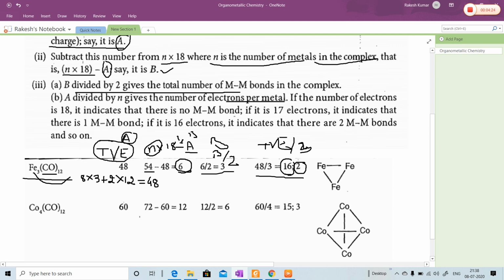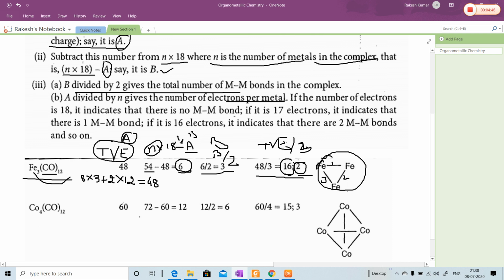It means there are 3 metal-metal bonds in the particular complex. So this is the basic geometry of this Fe3CO12. So there are 3 metal-metal bonds. First one is between these 2 iron atoms, second one, and this is the third one.